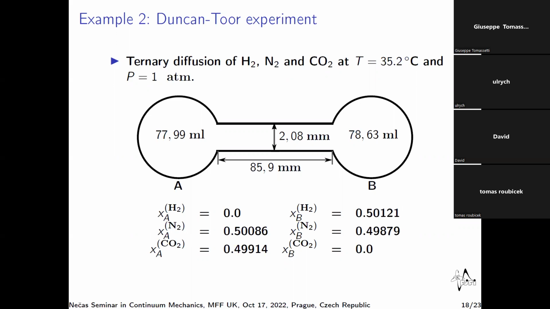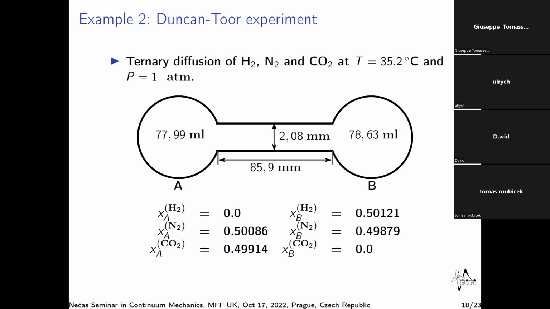So there is basically no gradient of this nitrogen composition, but there are steep gradients of hydrogen and CO2 in the middle. And at time zero, we just join these bulbs together and see how these three components will mix.